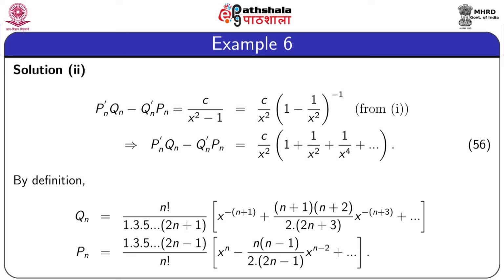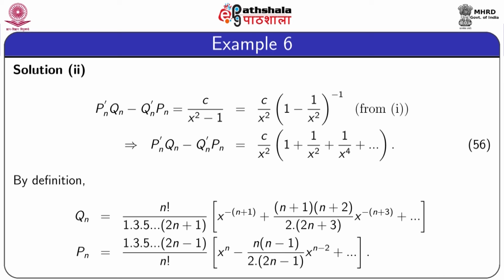So, we will equate the coefficient of 1/x² from the right hand side and also from the left hand side. As you can see, in the right hand side the coefficient of 1/x² is c. Let us find the coefficient of 1/x² in the left hand side.